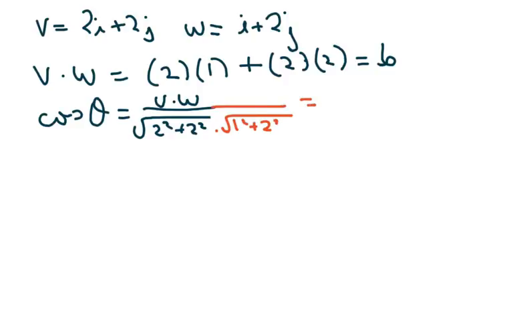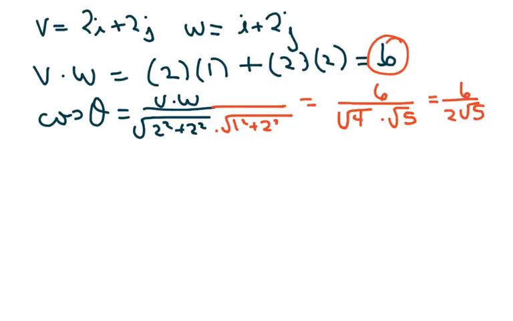Now that's going to equal 6, because we already did the dot product, over the square root of 4 times the square root of 5. Okay, so that's going to be 6 over 2 square root of 5.